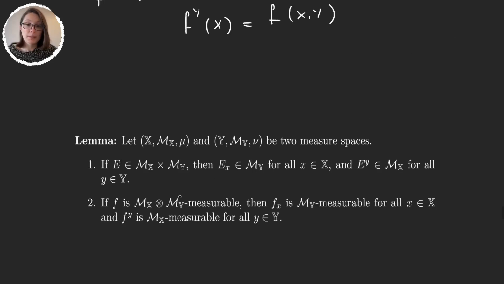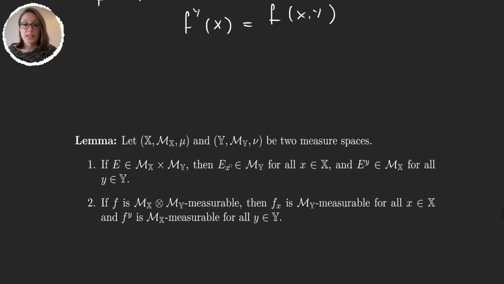It basically says that if I take some set E, now this is not in the product sigma algebra. Here what I'm saying is E can be decomposed as a product of two elements in the sigma algebras of X and Y respectively. And this notation is different from the sigma algebra notation. So I take some set like that and I take the x section.